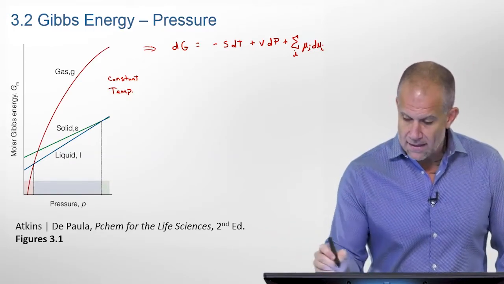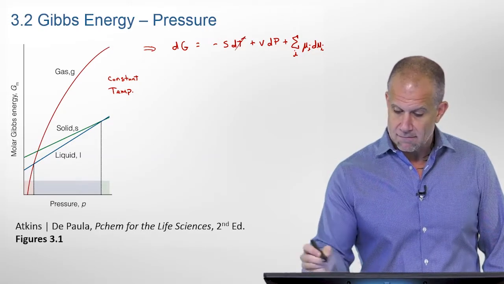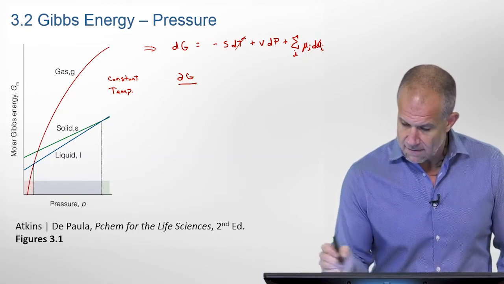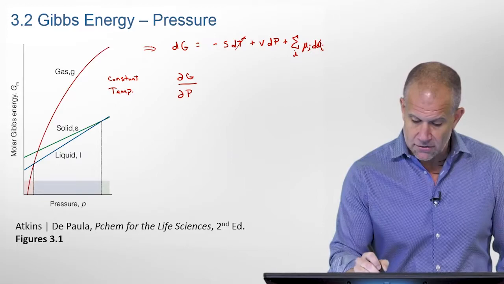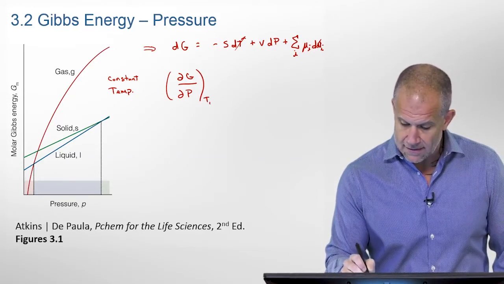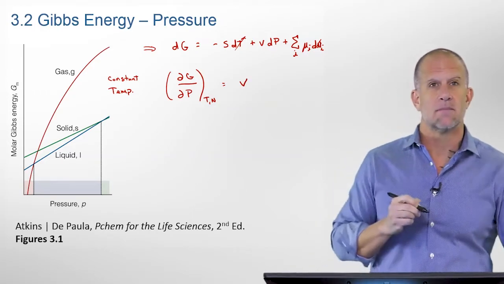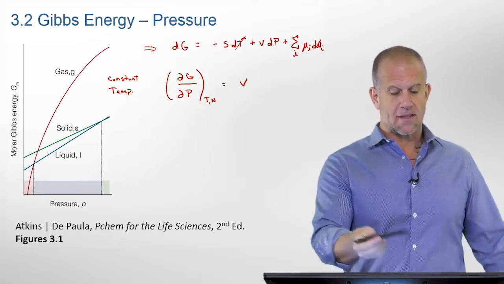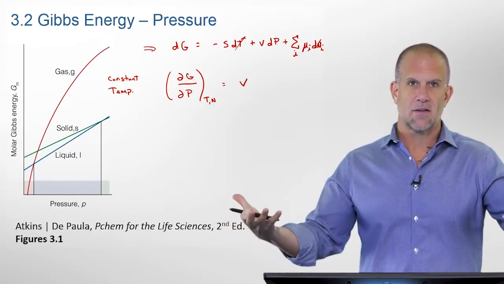So if temperature is constant and number of moles is constant, then dG/dP, how the Gibbs free energy changes with pressure at constant temperature and number of moles, is equal to the volume of the system. So for a fixed number of moles, which one has a larger volume?